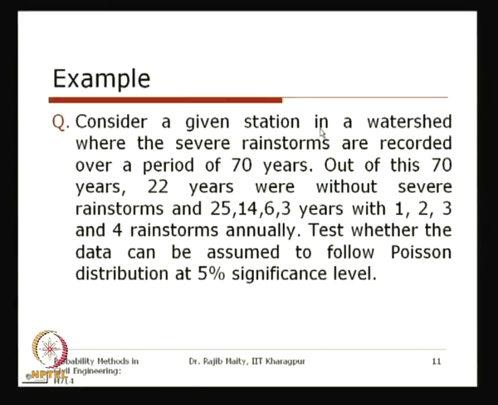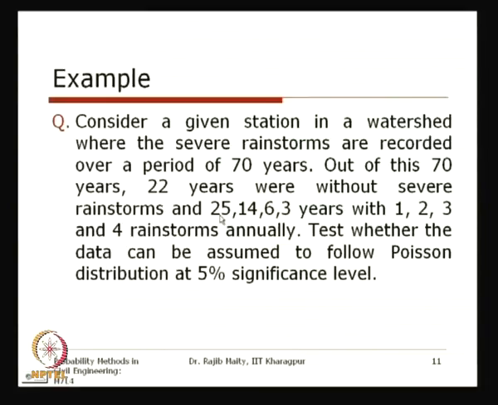Consider a given station in a watershed where severe rainstorms are recorded over a period of 70 years. Over the last 70 years we have recorded how many rainstorms there are in a particular year, and out of these 70 years, 22 years were without severe rainstorms. So in 22 years there are no severe rainstorms, so the number of rainstorms is 0.